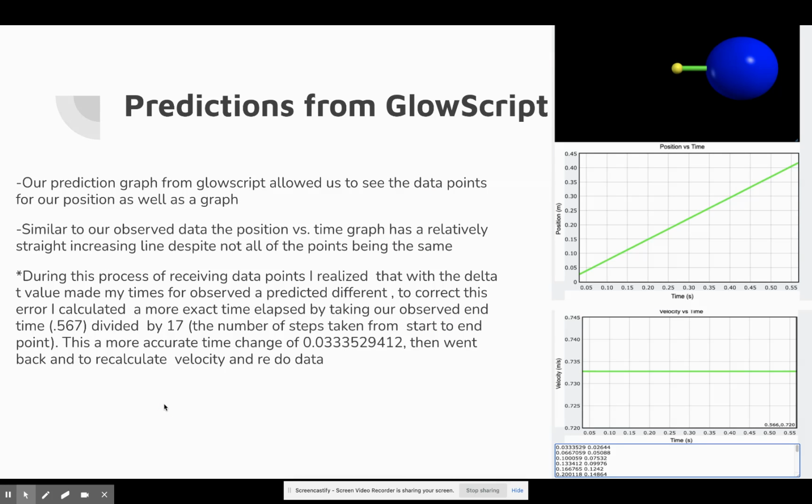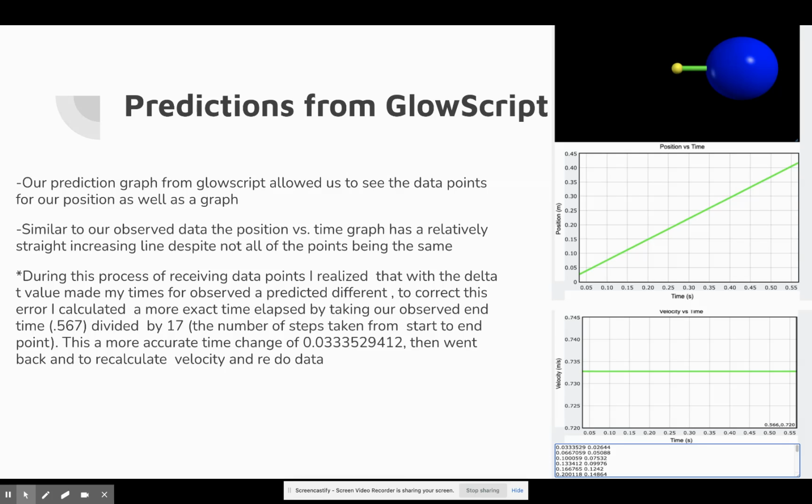So predictions from GlowScript. We again got that positive increasing rightward graph, which was perfect. And then this was where I did realize the mistake that had occurred. When we got back our data table, I noticed that the time for GlowScript and the time for Tracker did not match. So it wouldn't be accurate at all to compare those two data positions because the timing was not quite the same.